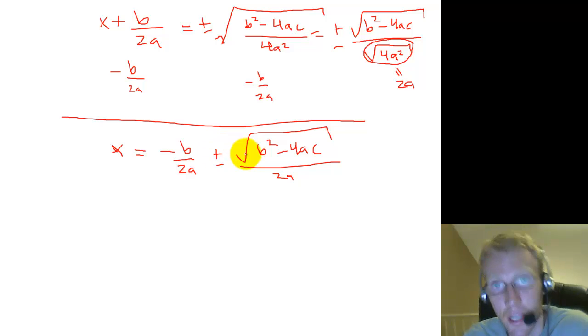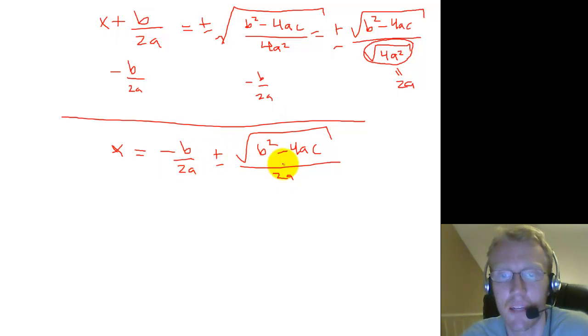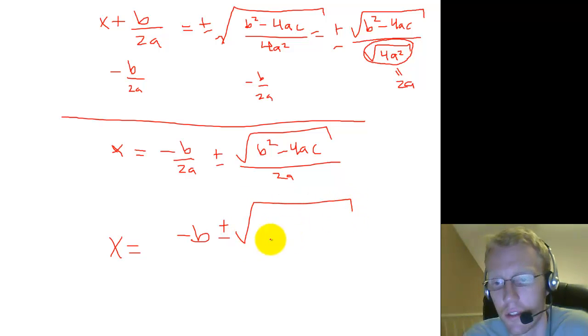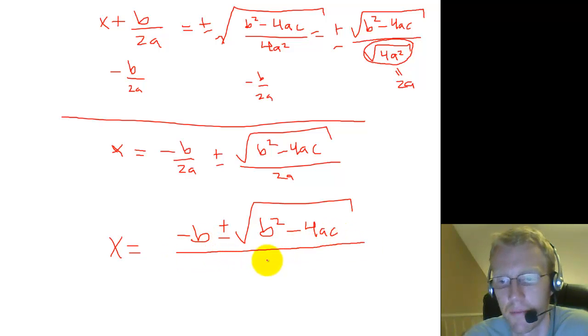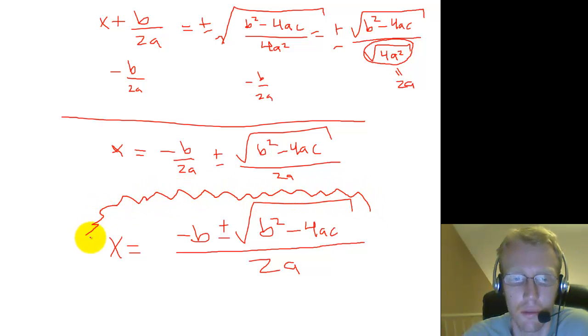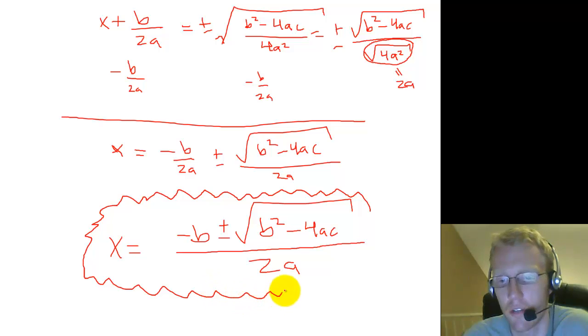Now these two pieces both have the same denominator, so we can combine them together with a common denominator, and we get x equals negative b plus or minus the square root of b squared minus 4ac, all divided by 2a. And this thing right here is super, super important and super, super useful. This is called the quadratic formula.